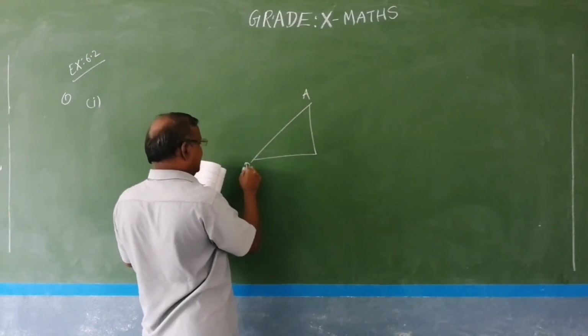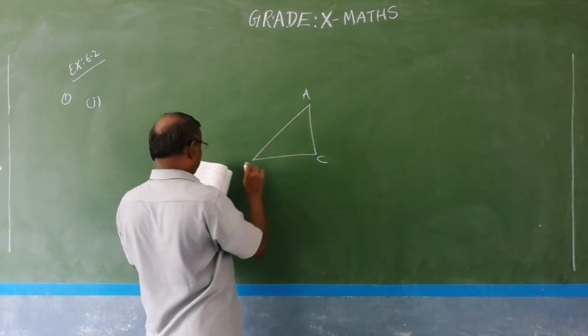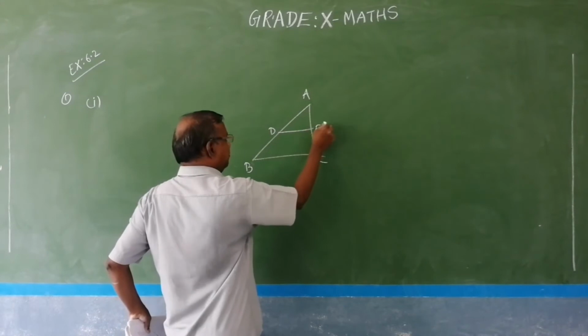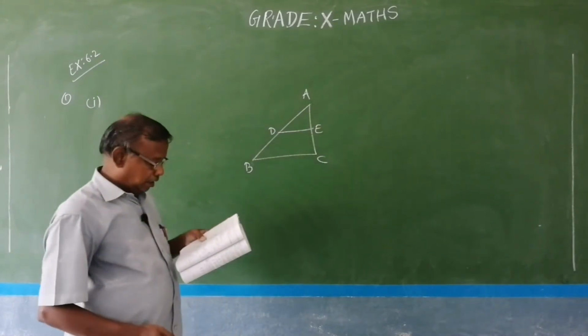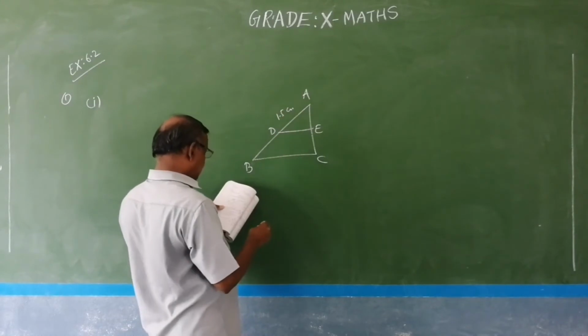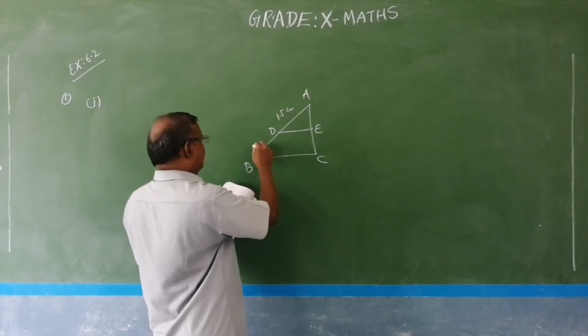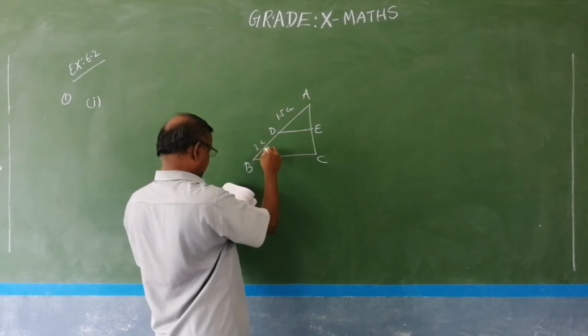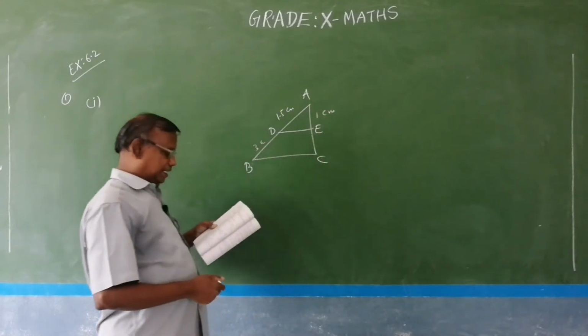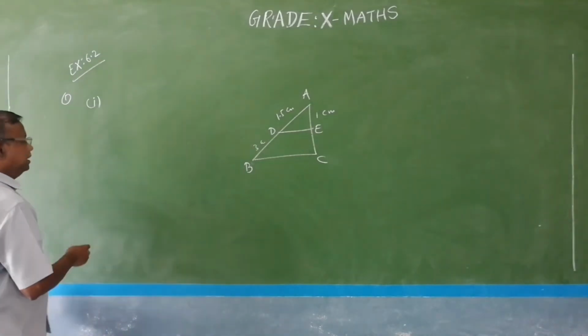A, B, C and DE parallel to BC, and AD is given as 1.5 centimeter and DB equal to 3 centimeter and AE equal to 1 centimeter. Find EC.